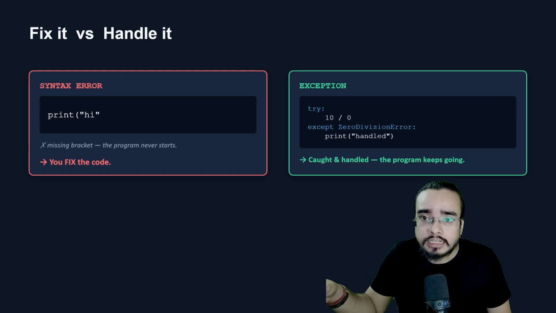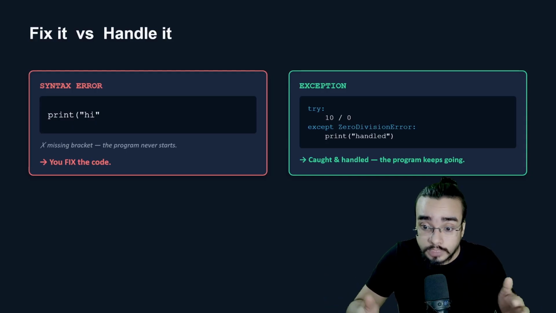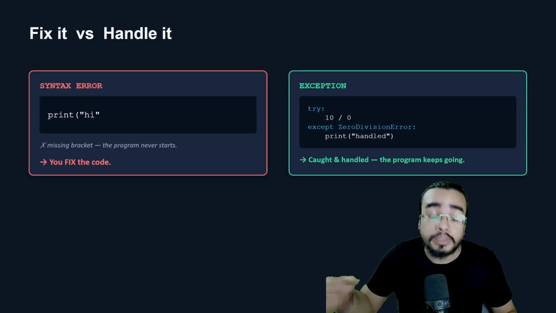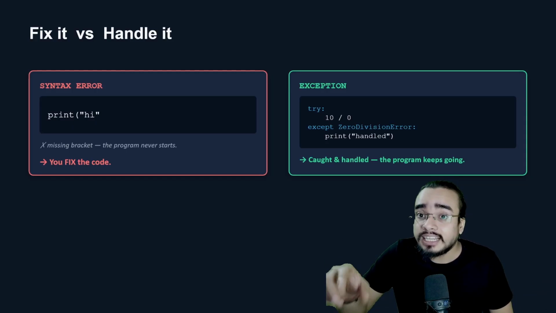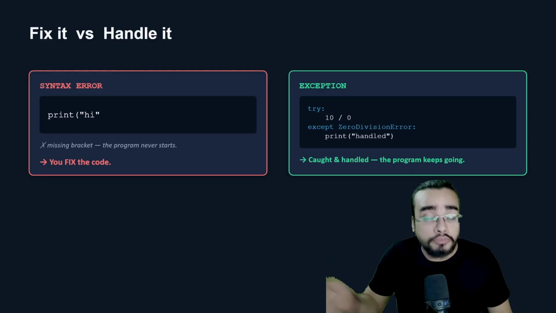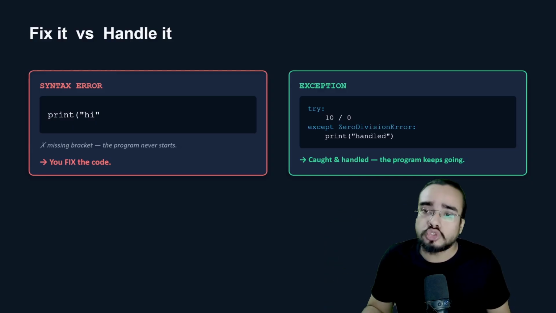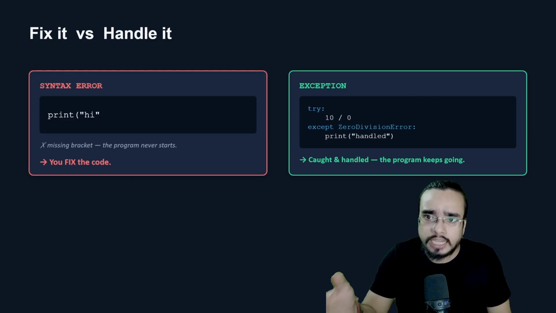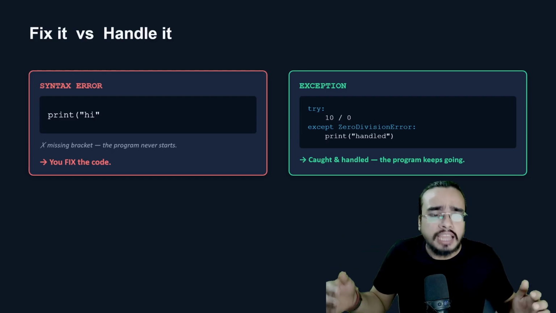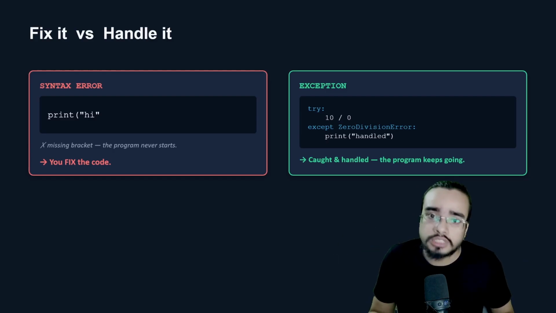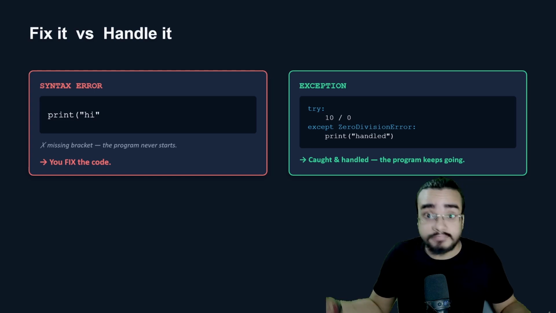The syntax error is the outlier among the errors. The syntax error happens before your code runs. It stops the program before it even started. The exception happens while your code is running, and you can catch it, handle it, and even raise it yourself.